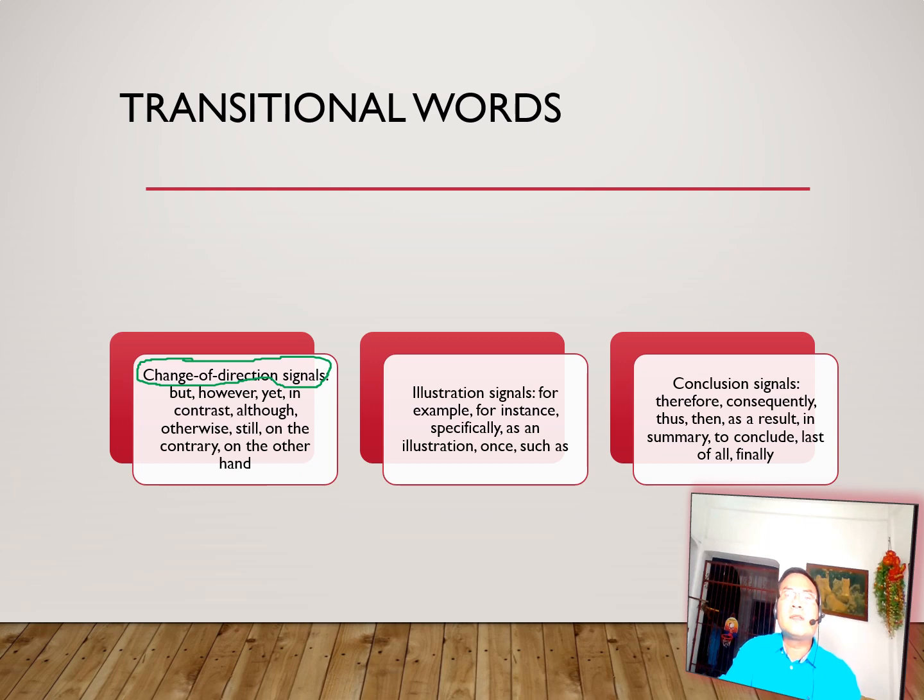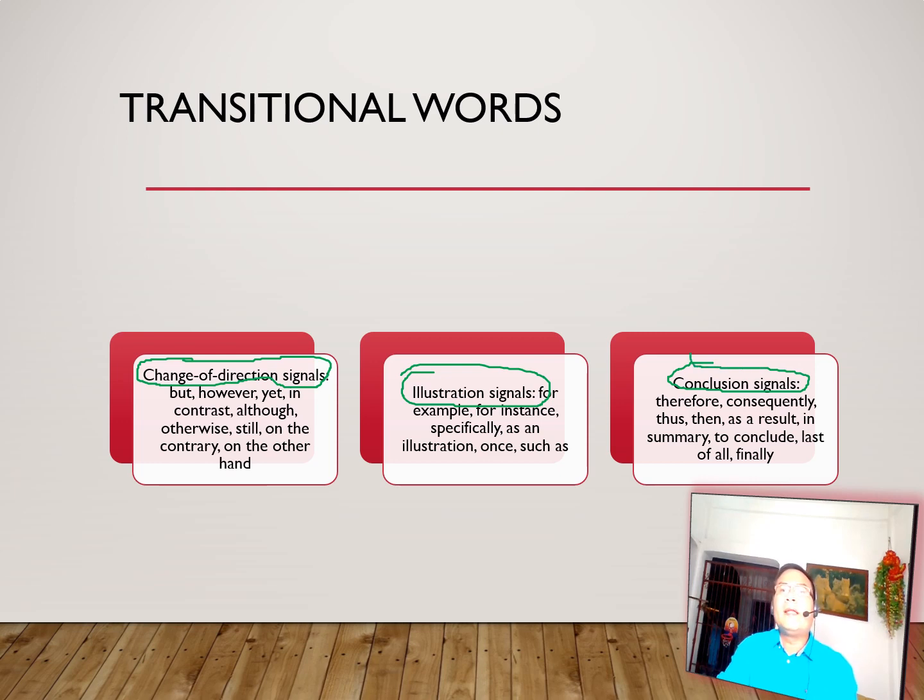Next is illustration signals. So what is illustration signals? This is exemplification. In writing, in the patterns of essay development, there is such a thing as exemplification. So you give examples. In this case, for example, for instance, these are illustration signals. And then conclusion signals, so you would know that you're already ending.